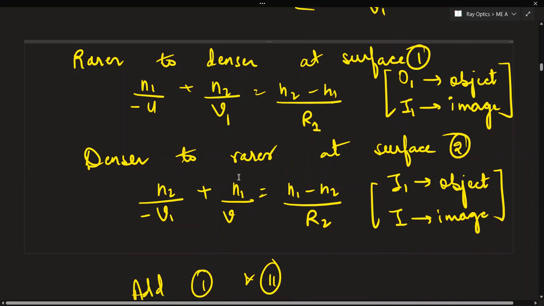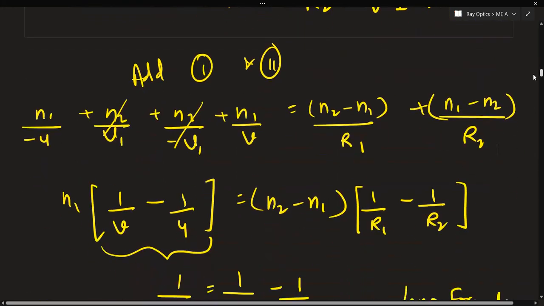Because in subtraction, you just change the sign. So n2 by v1 is there and n2 by minus v1, or you can say minus n2 by v1. This term and this term will get cancelled, right? The same thing is left over here. These two terms get cancelled, the rest is left as it is.